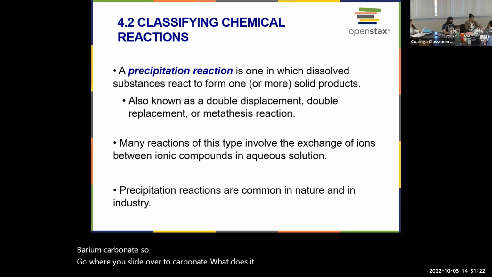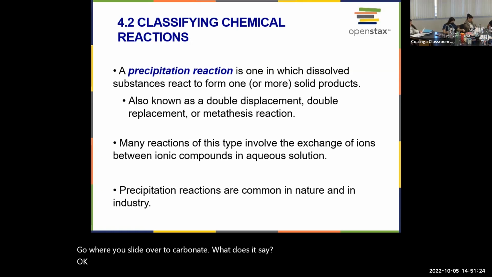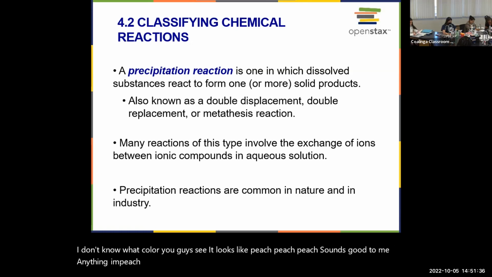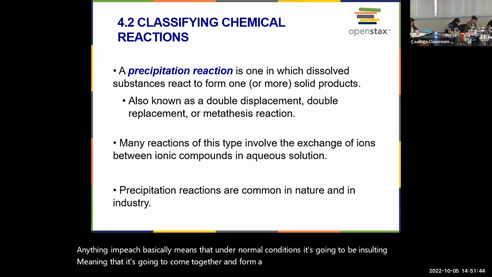Nearly insoluble. Nearly insoluble basically means it forms a precipitate. Anything that's in that orange color, or peach, basically means that under normal conditions, it's going to be insoluble, meaning it's going to come together and form a precipitate. Soluble basically means that you're able to dissolve it in water.